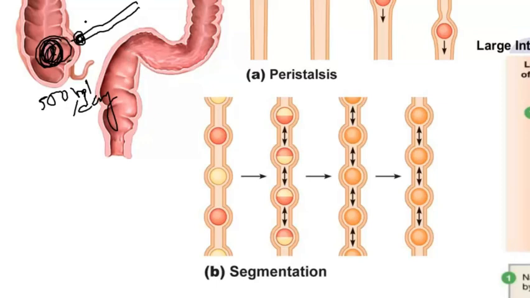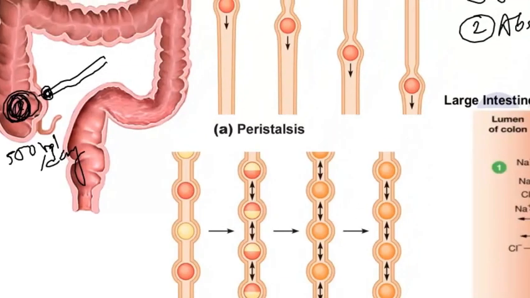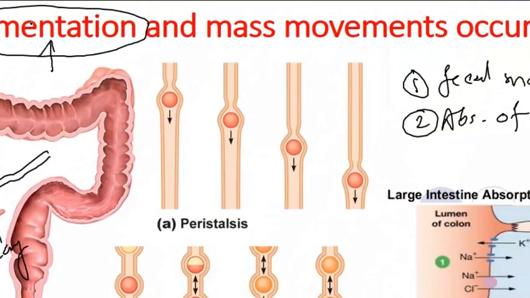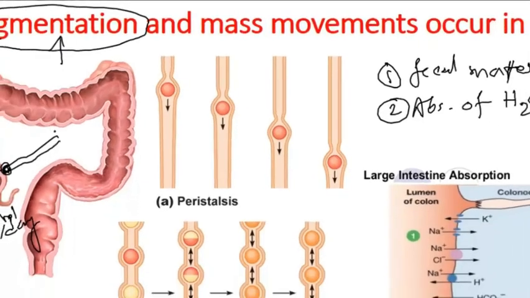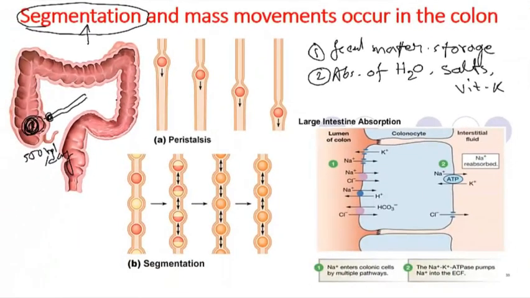There we require a process called segmentation. Segmentation is a structural separation. It's not a full separation but a partial separation forming partial compartments in the large intestine. The partial segmentation that we see, the pouches formed here, are known as haustra.